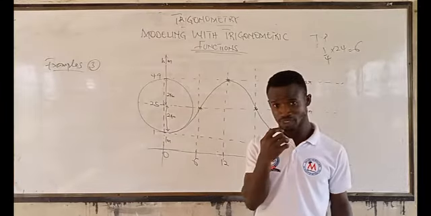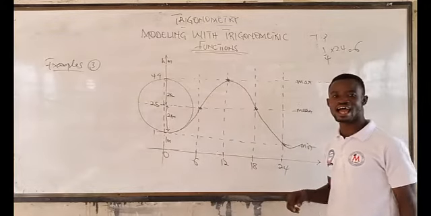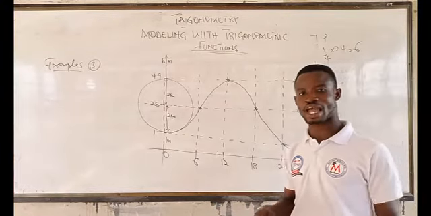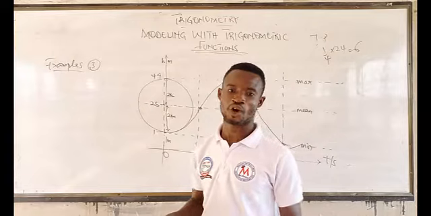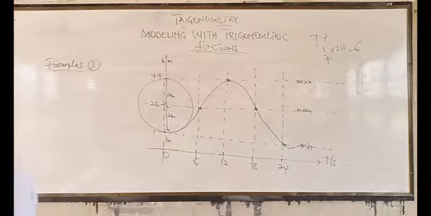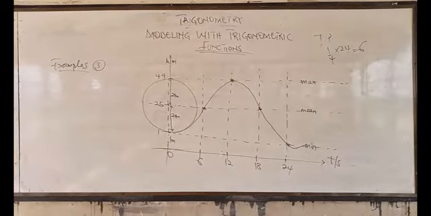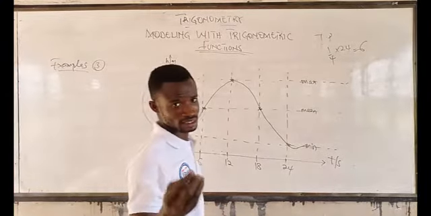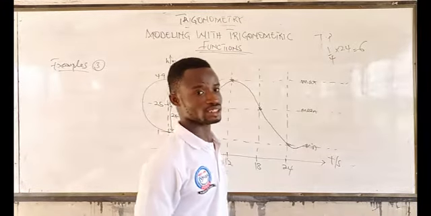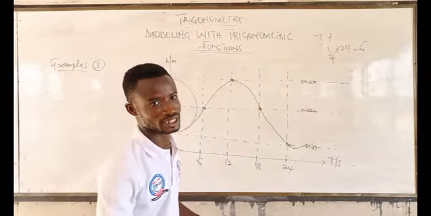Very good. Write a sinusoidal function that describes the height of Amma from her starting point. Alright, just forget the 13, it's just an annoyance to the question. It's not going to affect anything, alright?